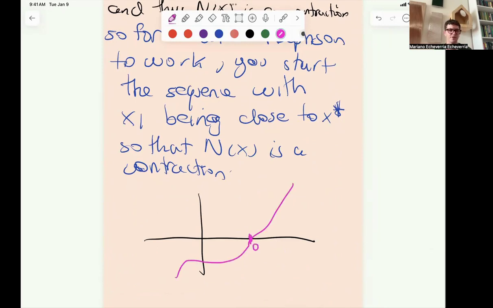If you have a continuous function which happens to be zero at some point, this is where the function is zero, then there will be an interval where the function is between -1 and 1, just because of continuity.